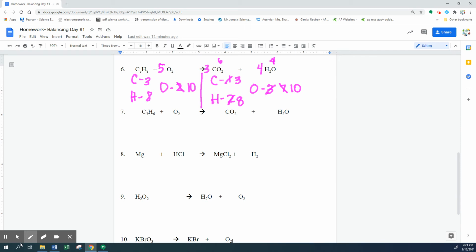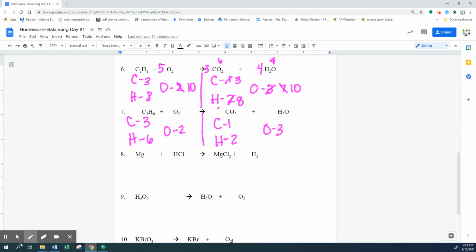For number 7, I have the same 3 elements as before, carbon, hydrogen, and oxygen. I'm going to go ahead and count those. Again, I'm going to start with carbon. So I have 3 carbons on my reactant side.